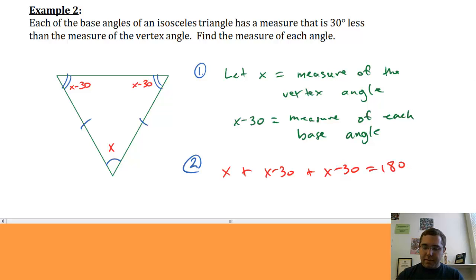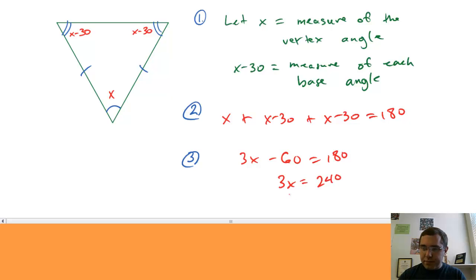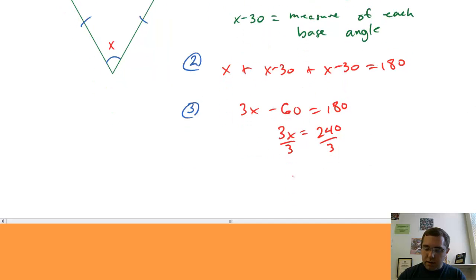There's my equation. Step 3 is to solve that equation. So I can do that. x plus x plus x is 3x. Negative 30 plus negative 30 is negative 60. It equals 180. I add 60 to both sides. So 3x equals 240. Divide both sides by 3. And x equals 240 divided by 3, which is 80 degrees.